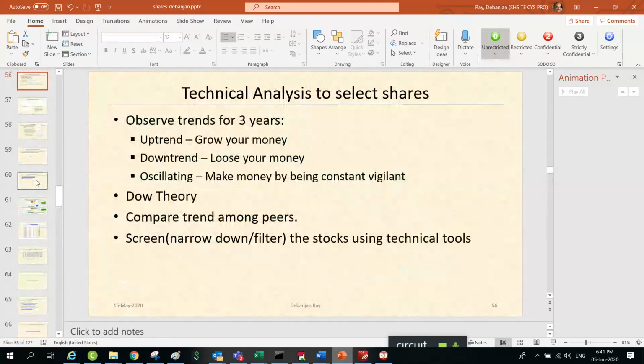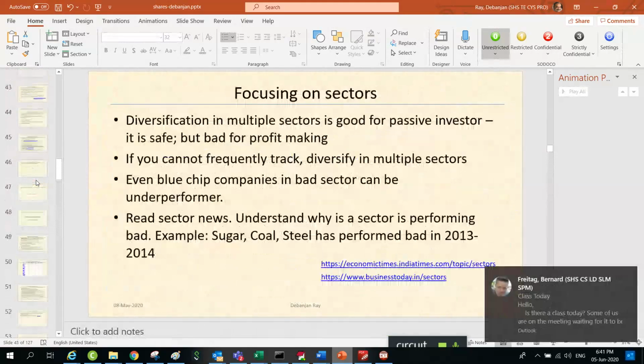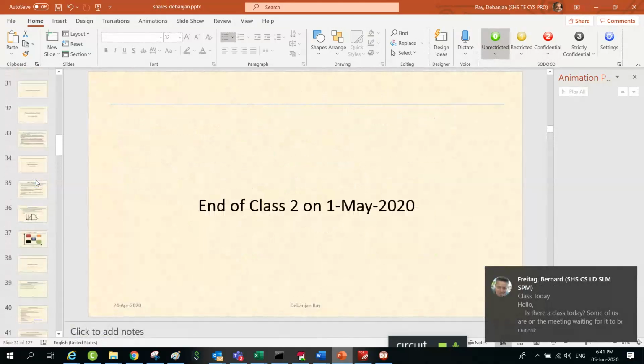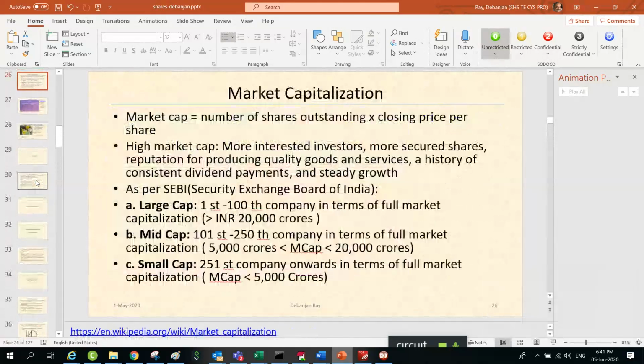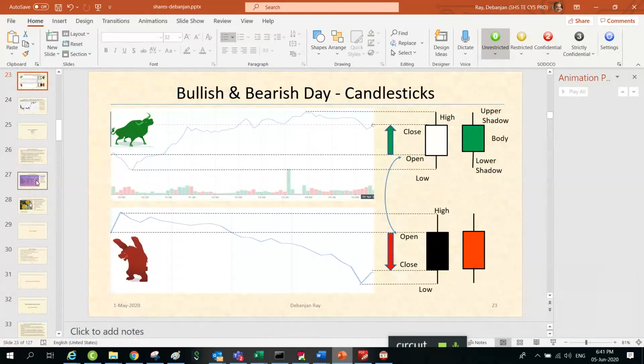We have seen these candlesticks some time back while doing the fundamental analysis, and yes, so let's revert to this figure that the price is continuously going up and down.